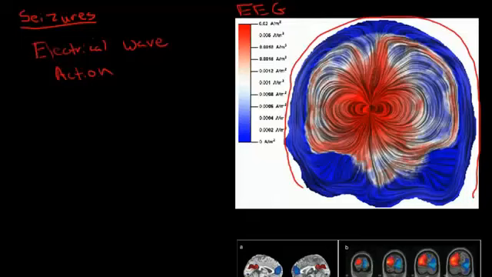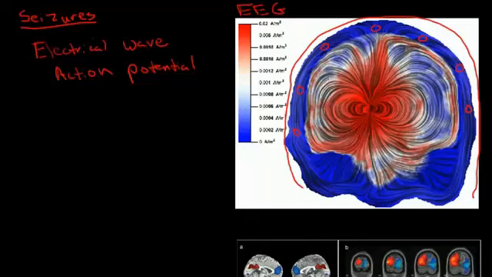Now, when you're measuring an EEG, you usually put a collection of electrodes all over the scalp. Each of these electrodes measures the movement of action potentials, the propagation of an action potential from one direction to the other.